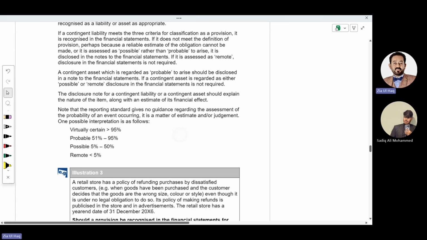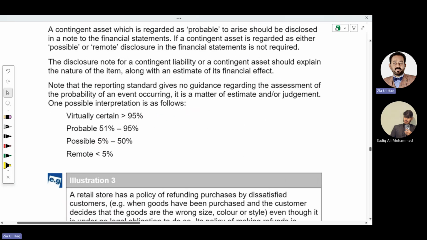And this has been explained again. Probability means chances are above 50%, between 51% to 95%. Possibility means chances are below 50%, between 5% to 50%. And remote means chances are below 5%. And if there are chances of more than 95%, that is virtually certain. In that case, liability.